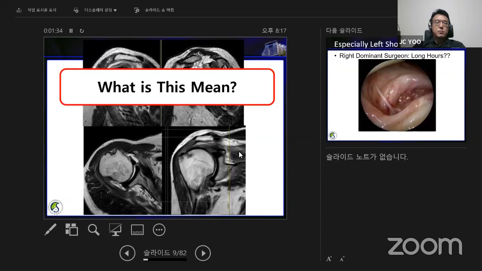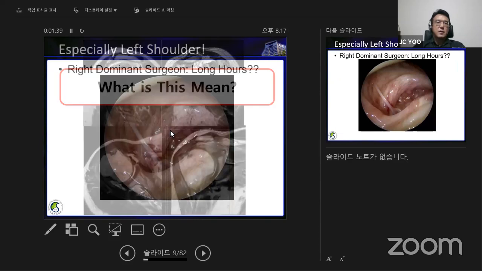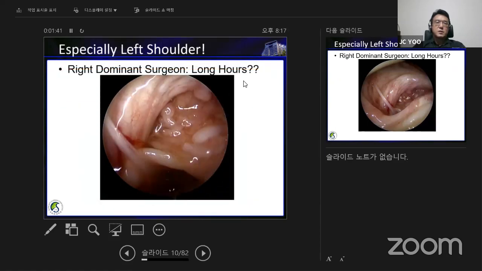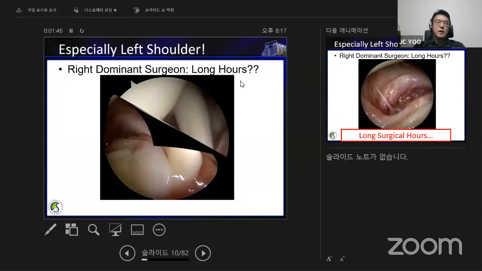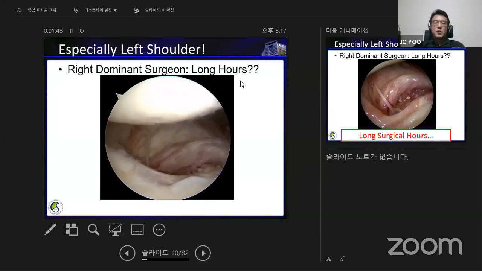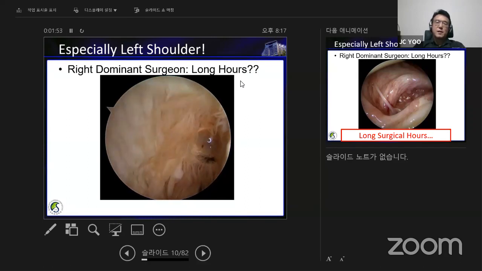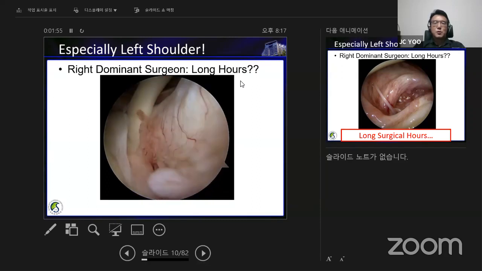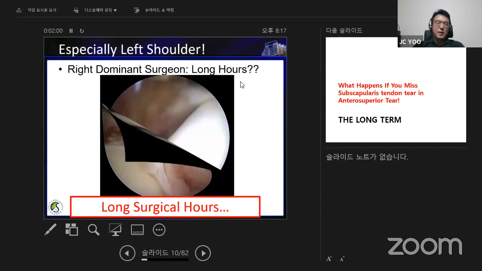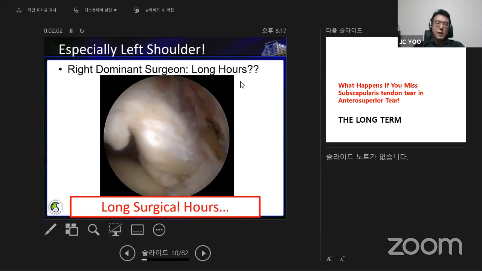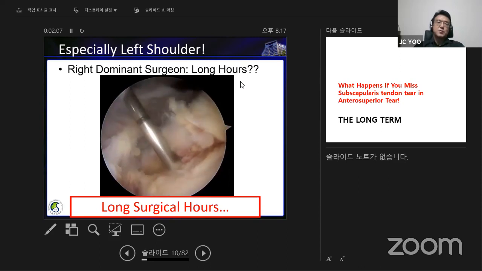What this means is that you're going to have long hours in your OR, especially if it's a left shoulder and you're a right dominant surgeon. So if you're a left-handed surgeon or if you're bidextral, you're lucky, and you have the potential to be the best. A lot of good surgeons actually are. You can use both hands, especially in arthroscopic surgery.